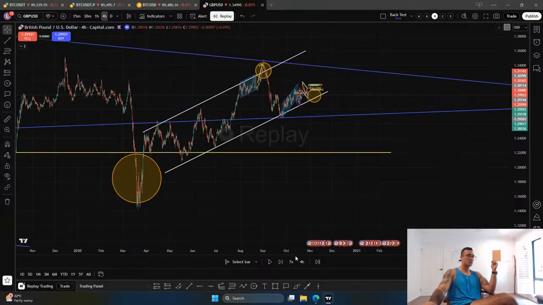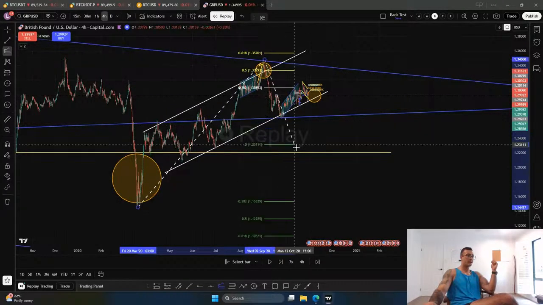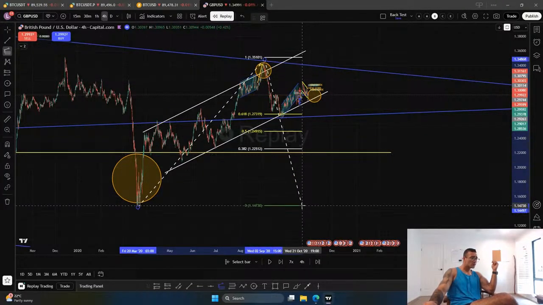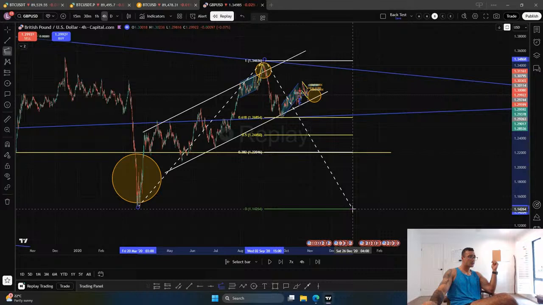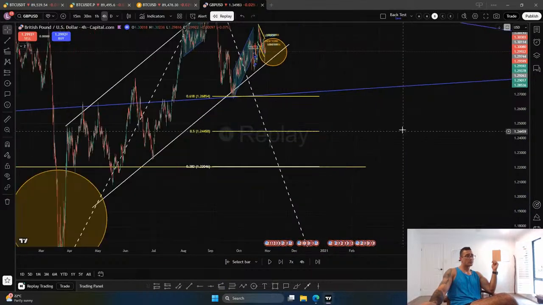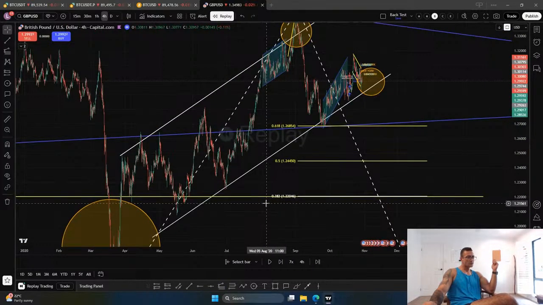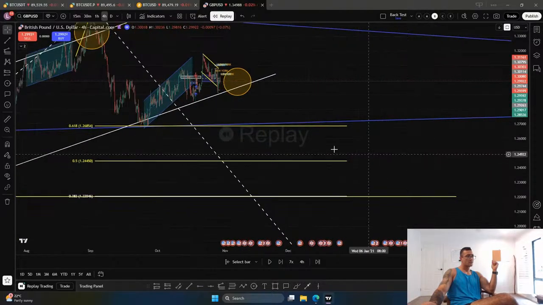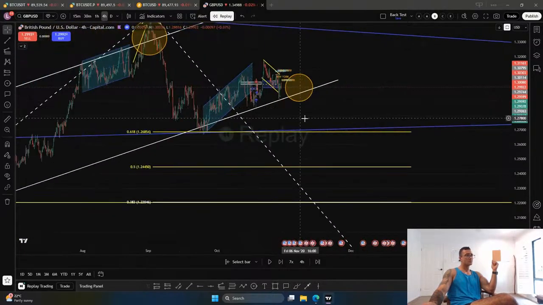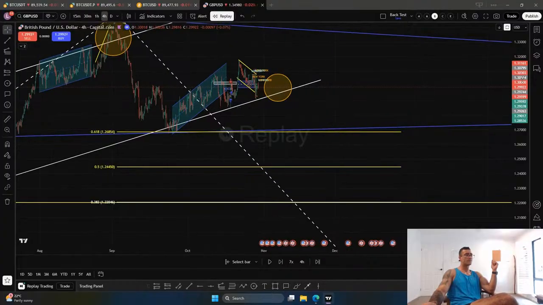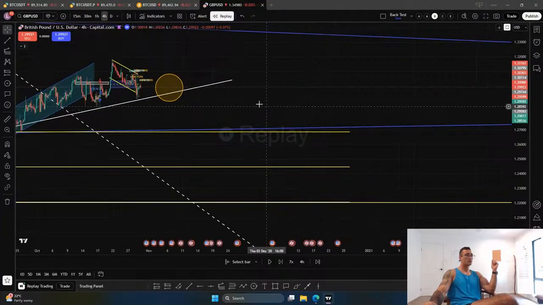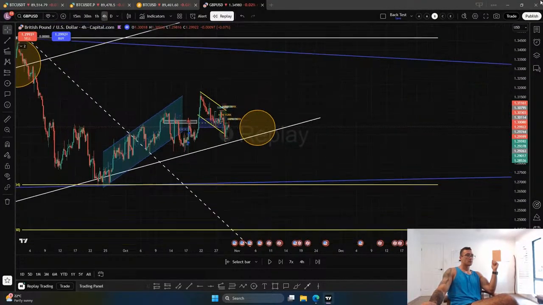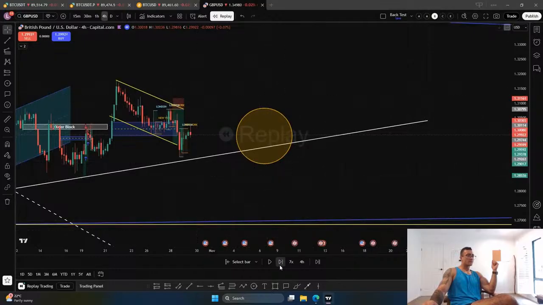Now, if we do then get our fib tool, bang, bang, and we will go down to the bottom here. Now, look where that, even there. So even if I wanted to on a 4-hour, we're waiting for price.